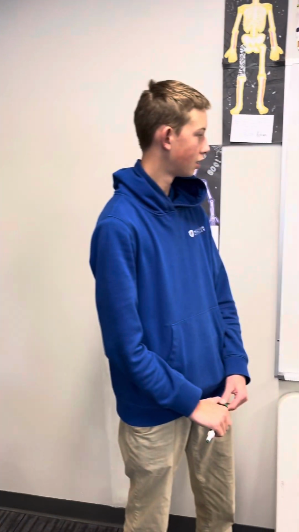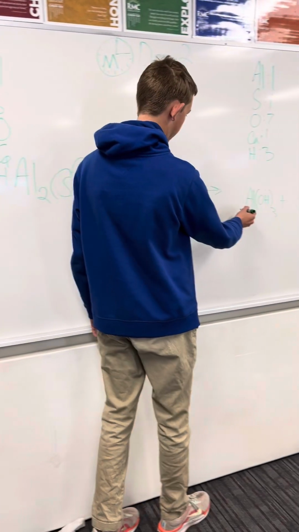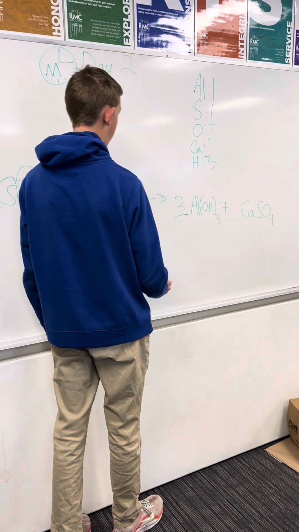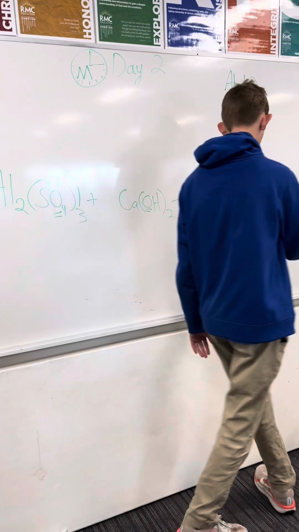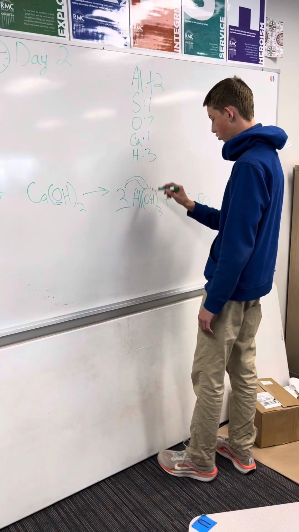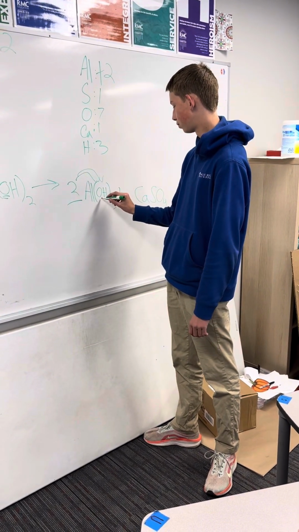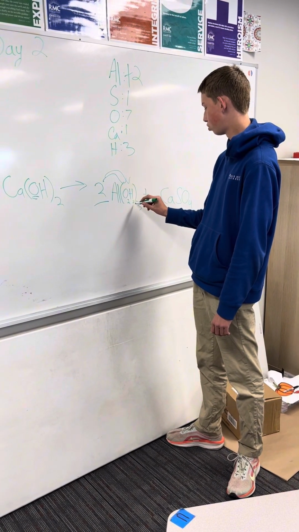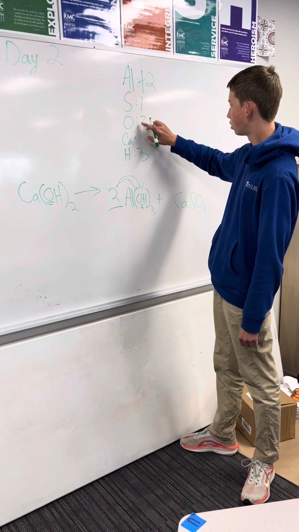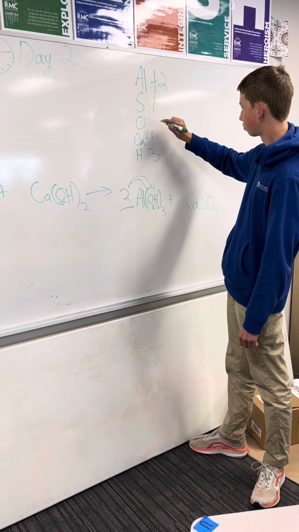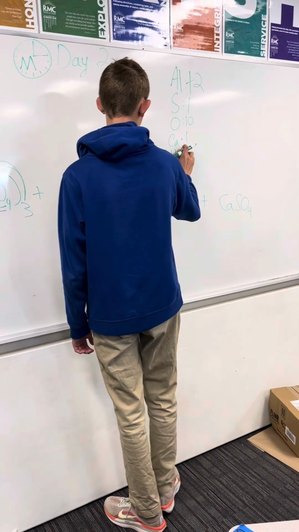So if we have 2 aluminum over here and 1 over there, we need to add a 2 in front of this. So now we have 2 aluminum, but it also affects our oxygen and hydrogen. So now we have 6 oxygen plus 4, which is 10 oxygen, and we have 6 hydrogen now on this side.